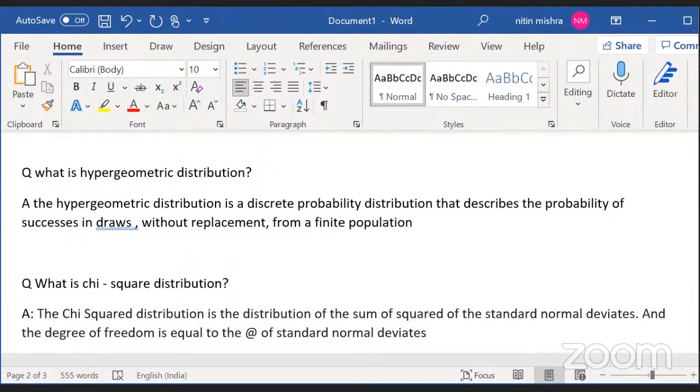Children above 7, below 8 is one distribution. Children above 8, below 9 is one distribution, so on and so forth. If you have such multiple distributions, and you take the square of those standard normal distribution values and add them up, you will get the chi-square distribution for these various deviates. So that is what we have with reference to the chi-square distribution.